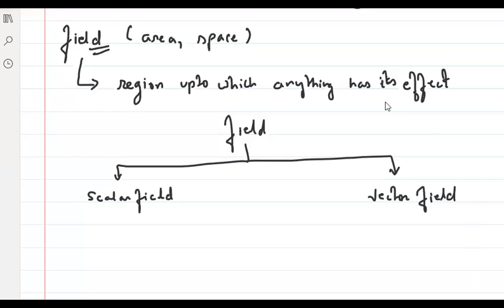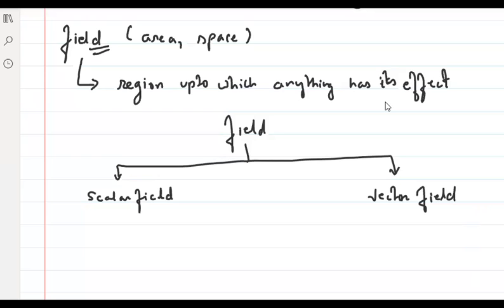Now you should ask, so what is the meaning? It is simple. What is scalar? Scalar means only the magnitude changes, direction does not have any effect. And what is vector? Both direction as well as magnitude will be considered.